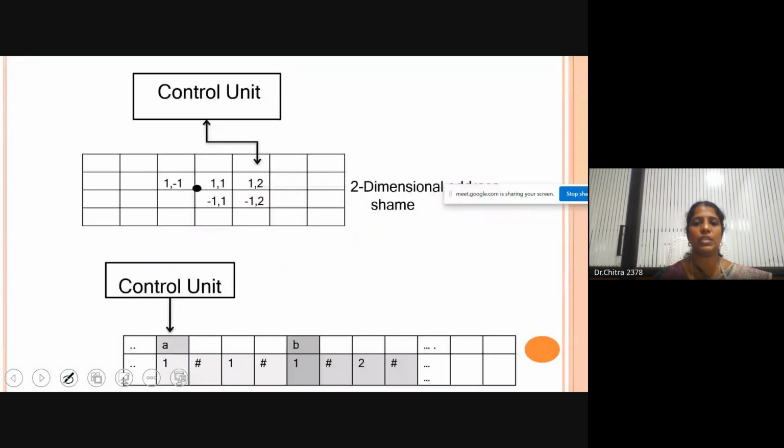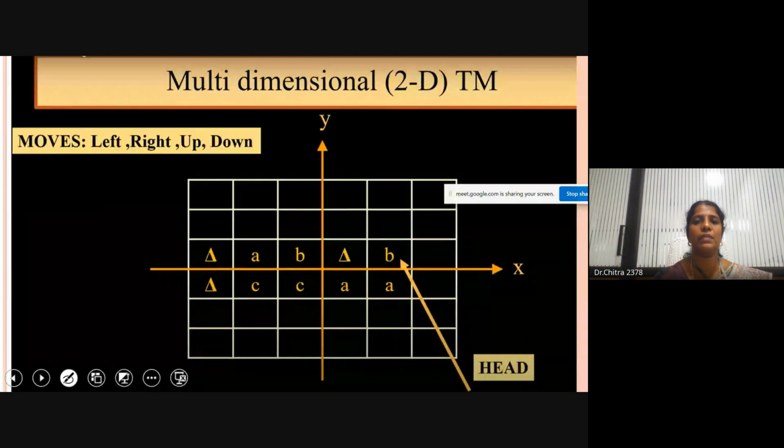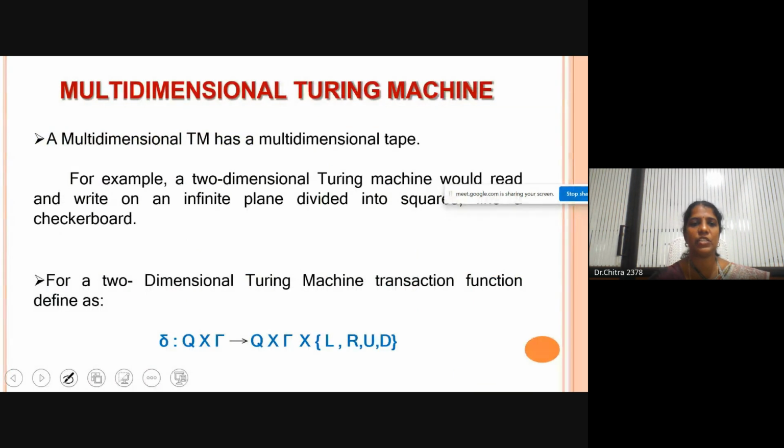And the next one is the multi-dimensional Turing machine. Generally the Turing machine can move in the right direction or the left direction. In the multi-tape Turing machine, n number of heads and n number of tapes are there.